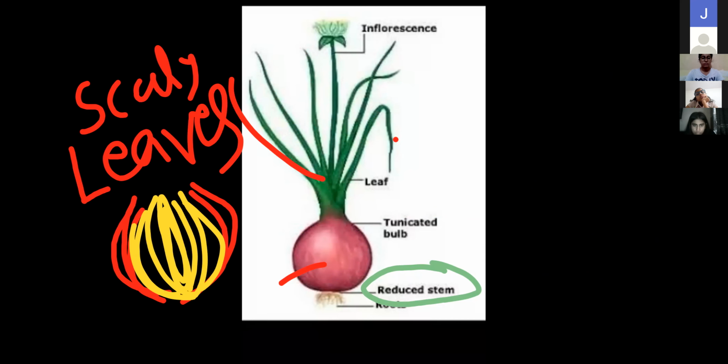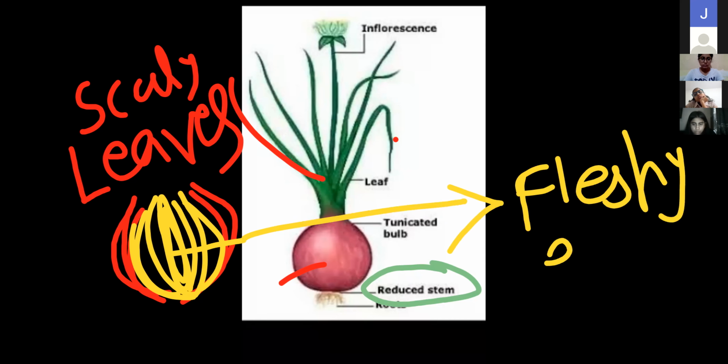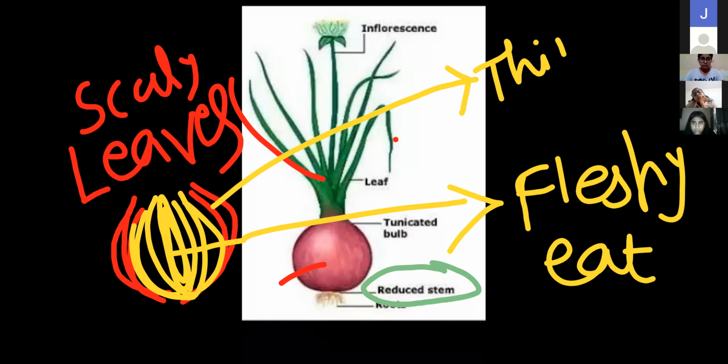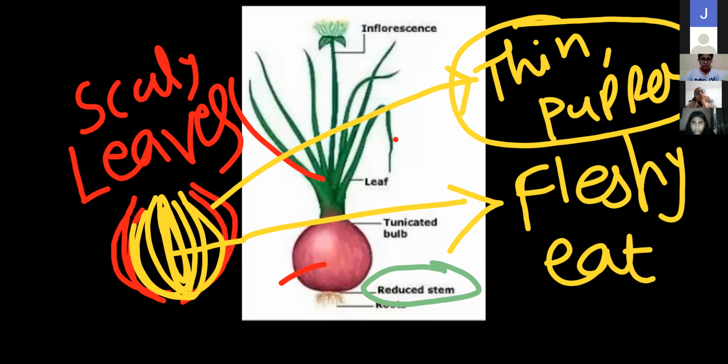So the central or inner leaves store the food and become fleshy, and that is the palatable part. The outer part remains thin and papery, and covers this fleshy part.